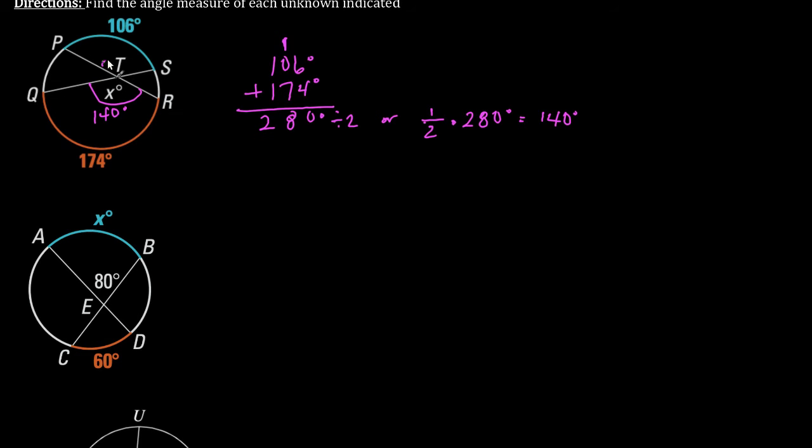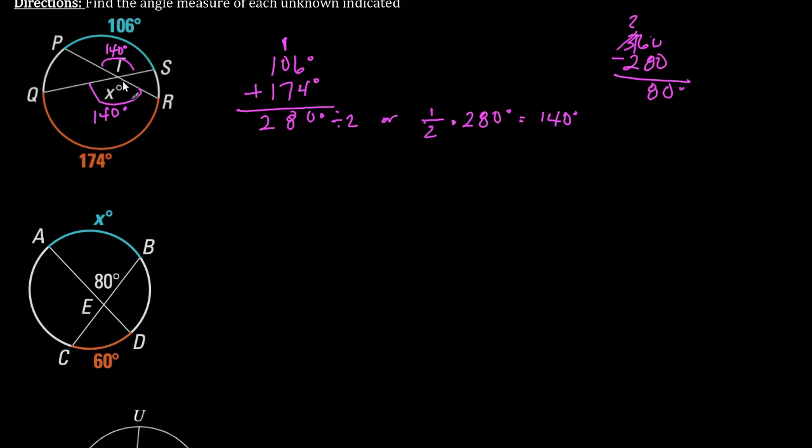Remember that these are vertical angles, so this is 140 degrees as well. So we know that all of this would be 360. If you take away 280, remember we got 280 from 140 and 140, we get 80 degrees.